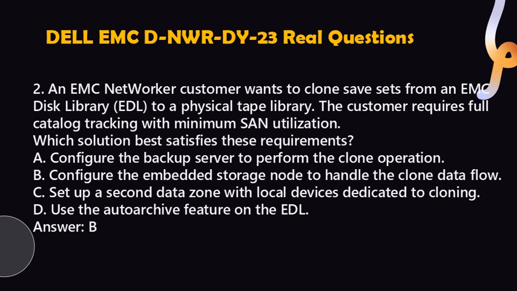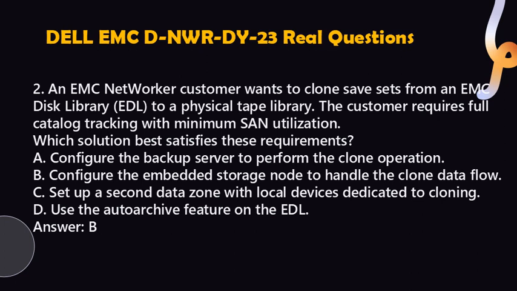2. An EMC NetWorker customer wants to clone save sets from an EMC disk library, EDL, to a physical tape library. The customer requires full catalog tracking with minimum SAN utilization. Which solution best satisfies these requirements?